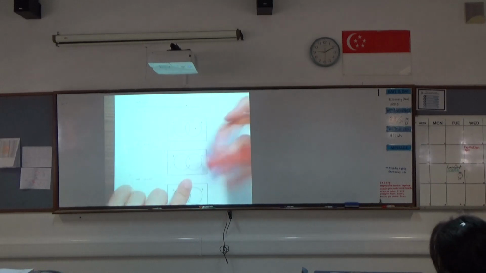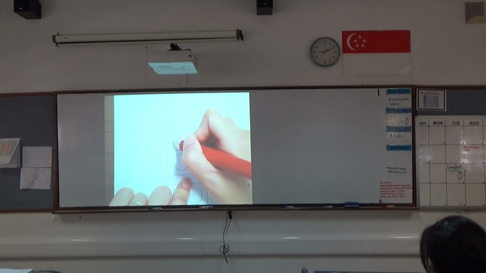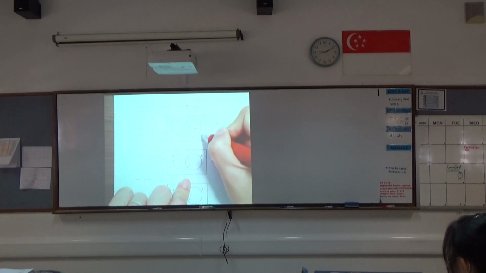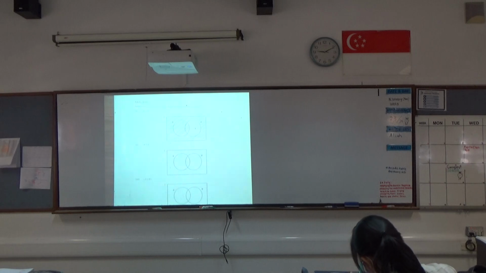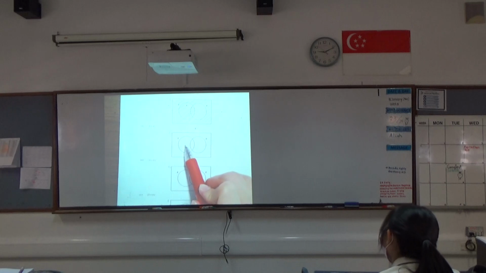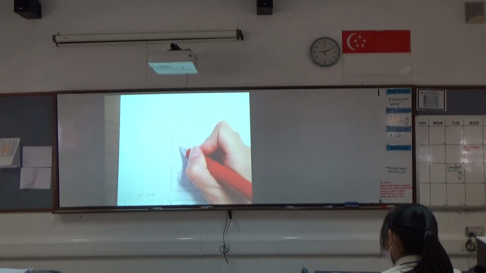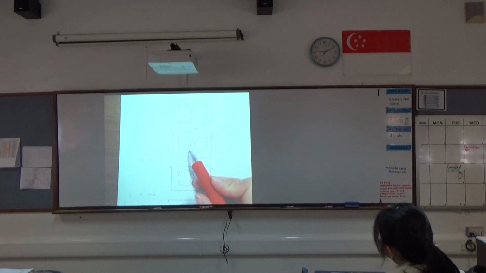So your answer should include the overlap part, and also the part outside of B. Then in part 2, we are looking at A itself intersecting with the outside of B prime. So the outside of B prime would mean that this area is included, and then after intersecting with A, this will be the answer.